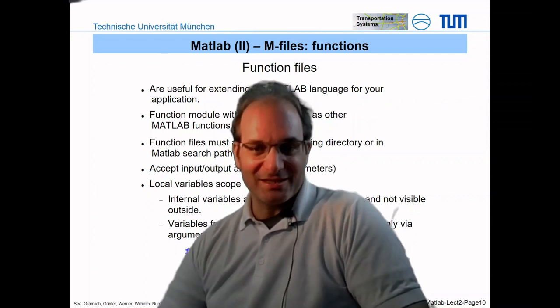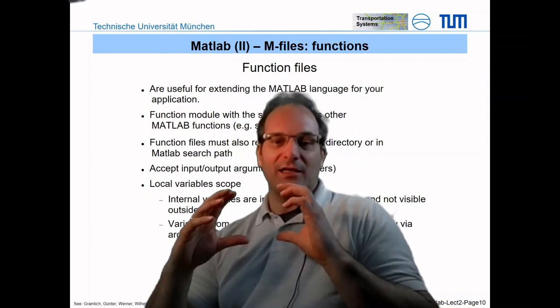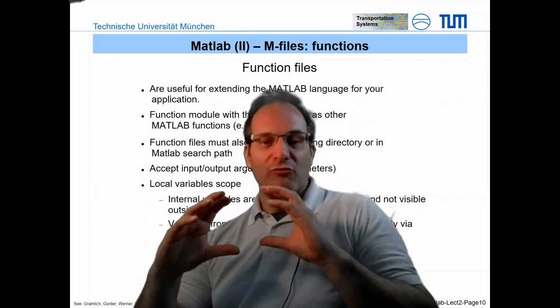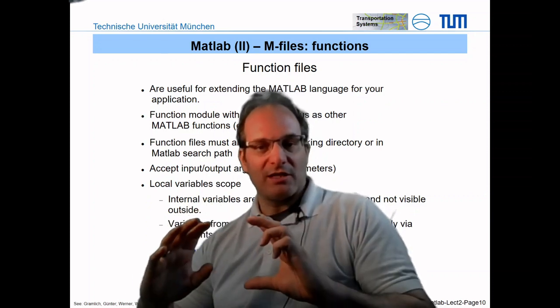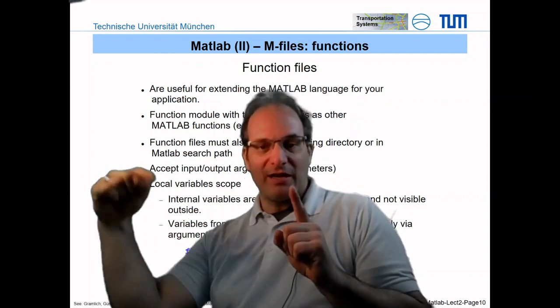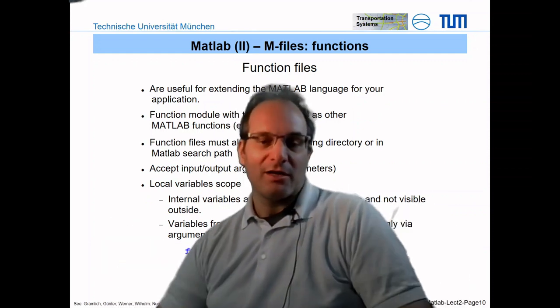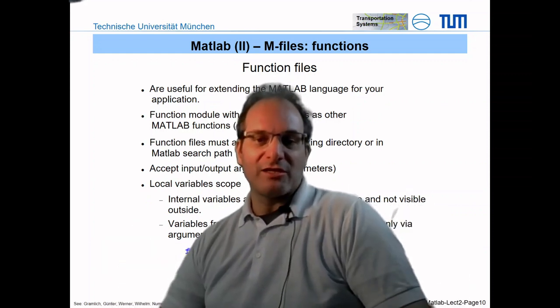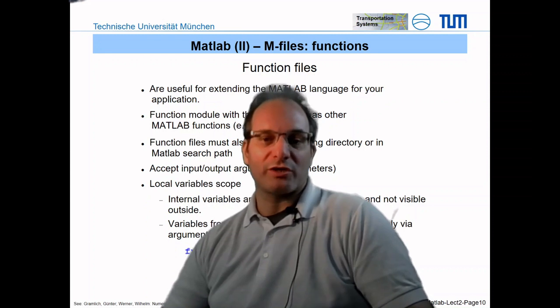The big difference is that you now have a real mathematical function. This means you have a name, you have input arguments, and you have return values. And these return values must be stored somewhere.